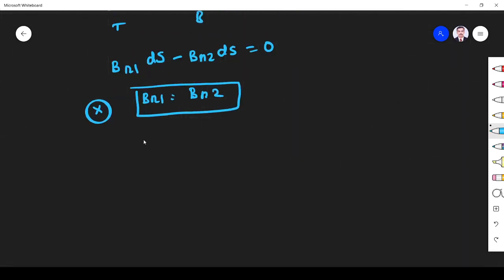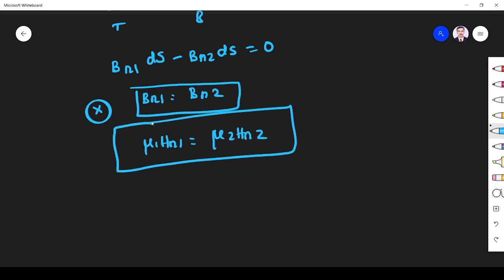We know B is equal to mu H, so mu1 Hn1 is equal to mu2 Hn2. This is the normal component of magnetic field at the boundary between the two different media. From this, what we understand is, at the boundary, this is the boundary, right?